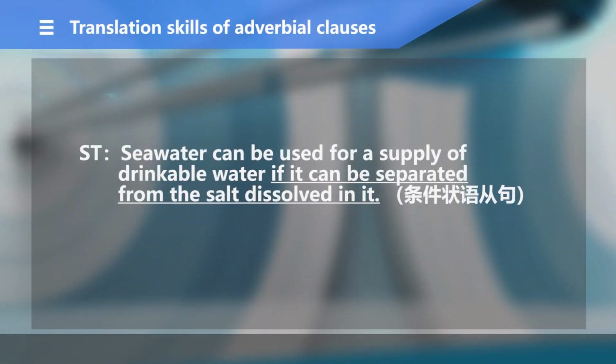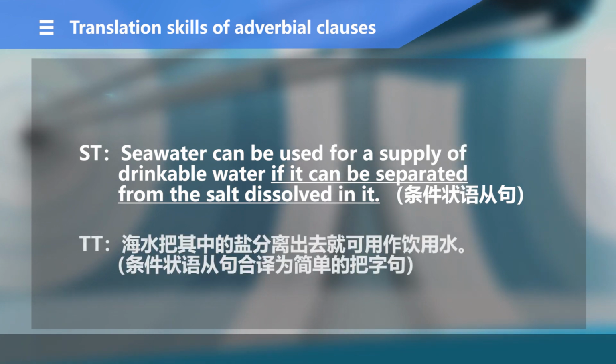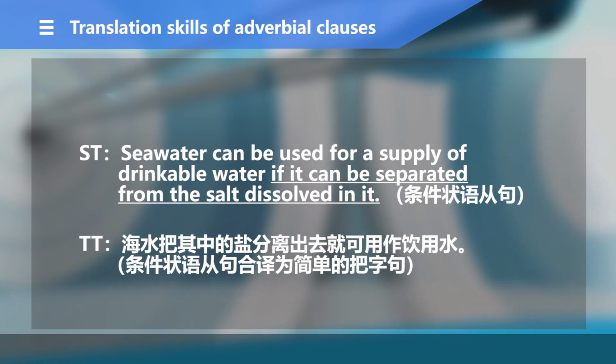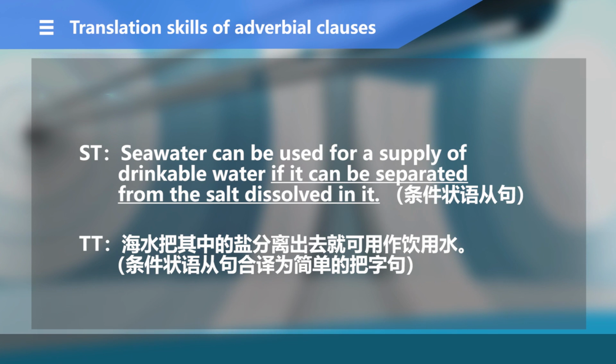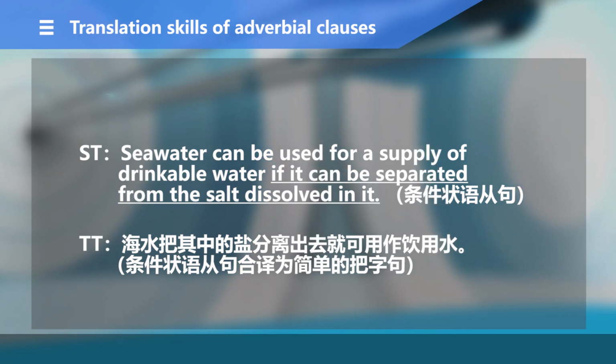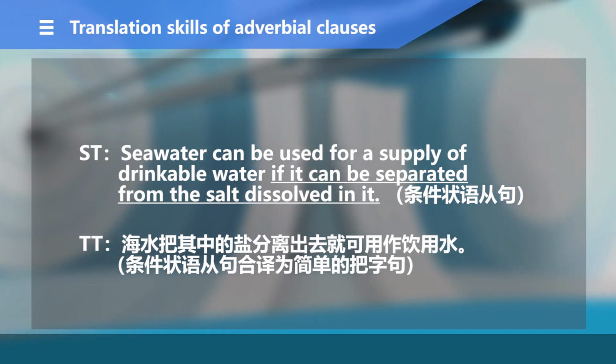Example 7 shows that the source text containing an adverbial clause of condition, that is, the underlined part, is translated into a simple sentence with bar character structure, 把字结构, and can be translated by the translation skill of combination.